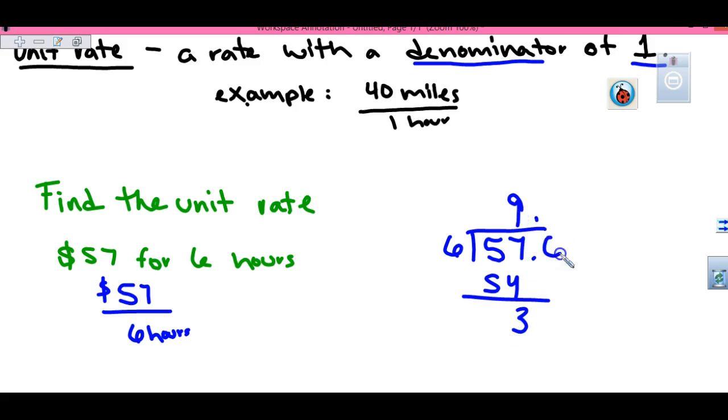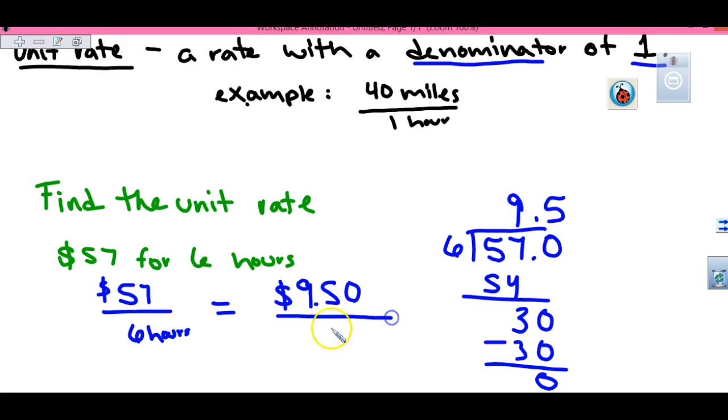Put in our decimal, bring down our 0, 6 goes into 30 5 times. So this means the same thing as $9.50 in 1 hour.